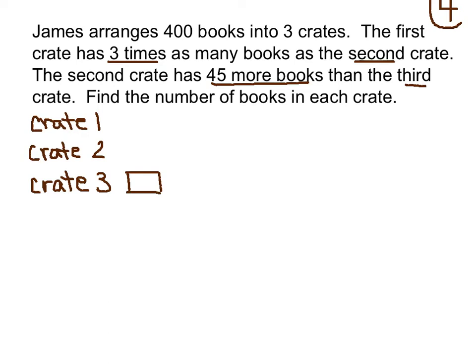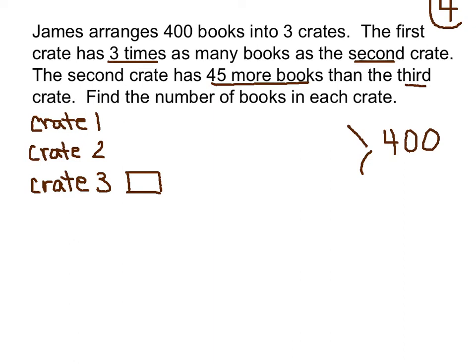Then I'll go back and draw in each section, section by section. James arranges 400 books into 3 crates. So there's 400 books in all. So I'm going to put my 400 for the books over here. The first crate has 3 times as many books as the second, but I don't have a representation for the second crate.